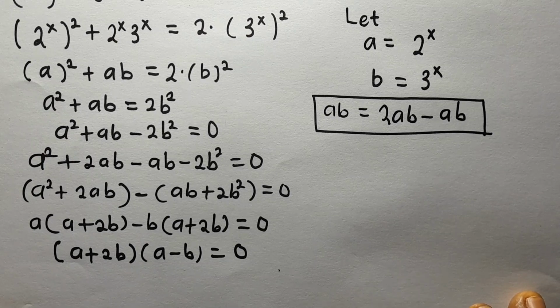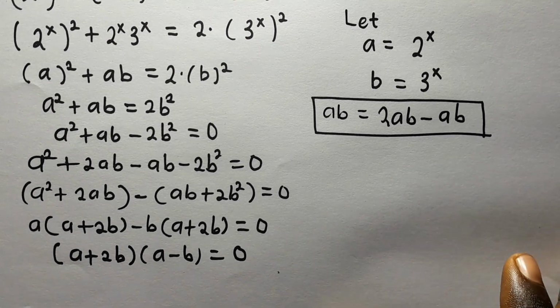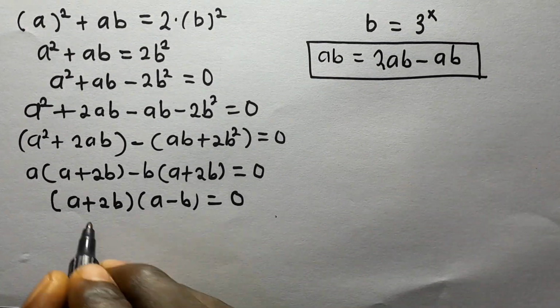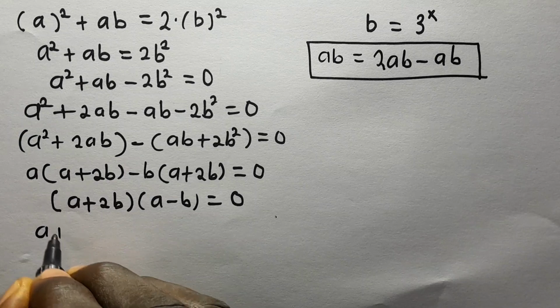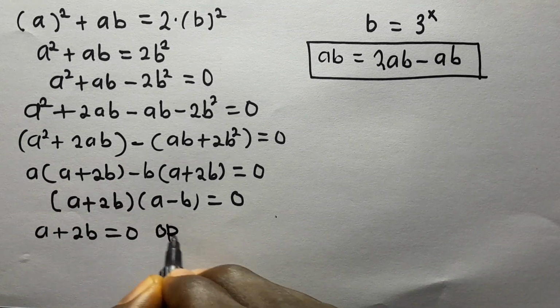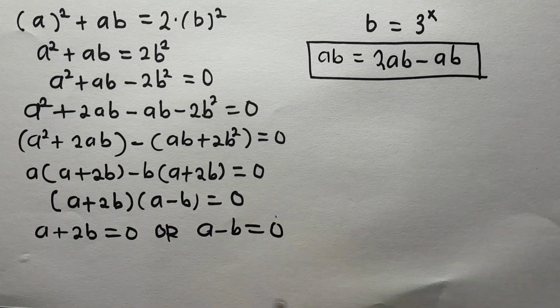Now what we are saying here is that it is either a plus 2b equals 0 or a minus b equals 0.